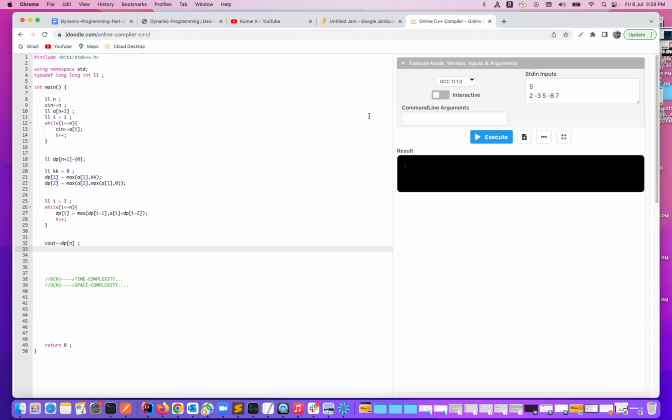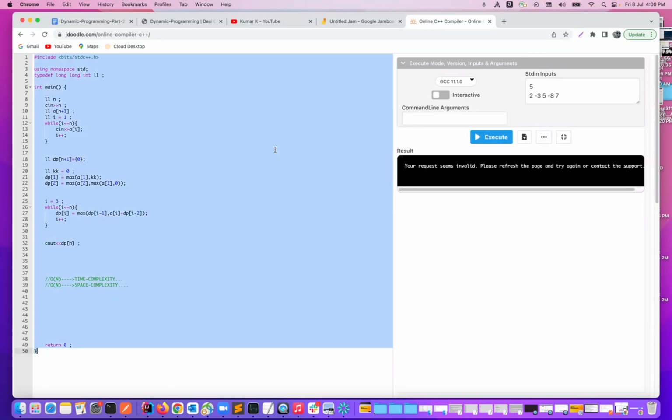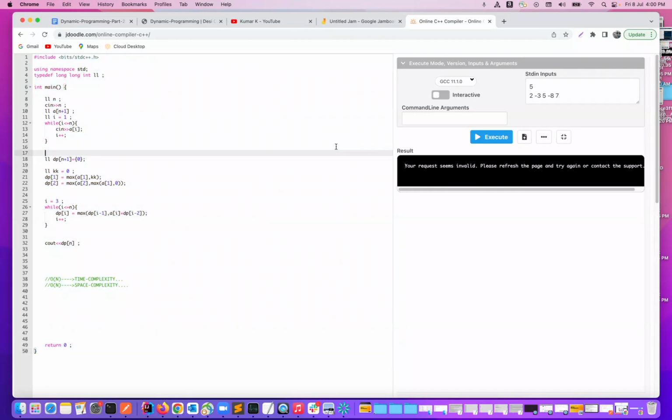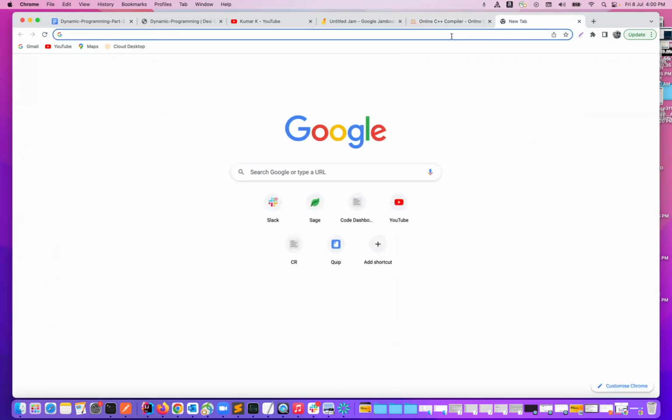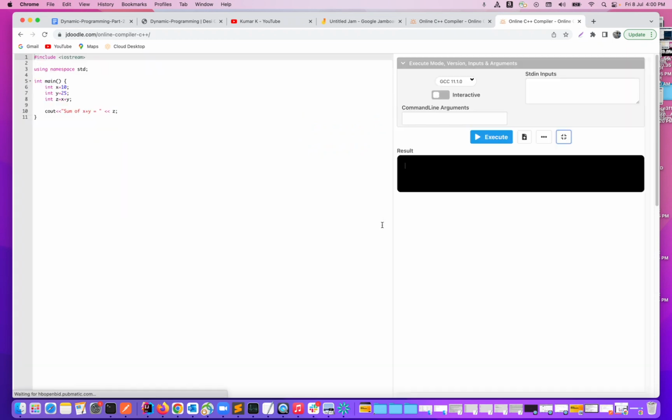We can run it. Surely there will be some issues. Yeah, I already checked it up. Okay, bad, some issues with the compiler. No problem, we will check once again. Let me copy paste my code here.